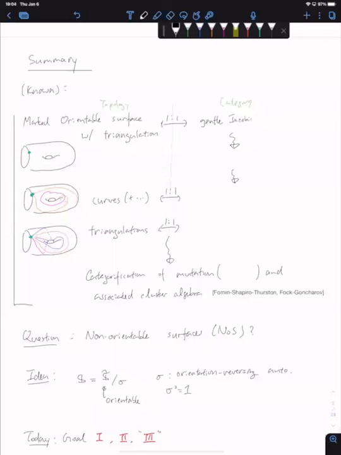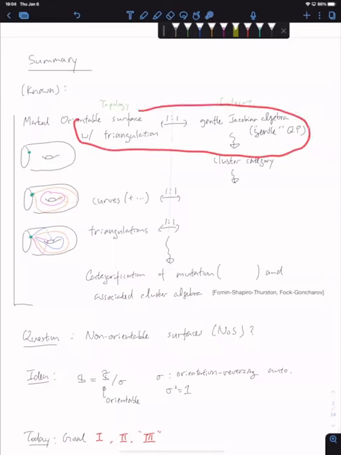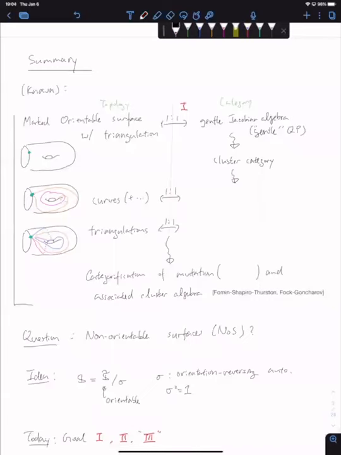This Jacobian algebra is actually a gentle algebra, but maybe I should also say this is a gentle QP, whatever this means. Since you have a QP with potential, you can get a cluster category. In short, I would just say cluster category. Roughly, I consider these two things as the same, and this is the first thing one wants to do.